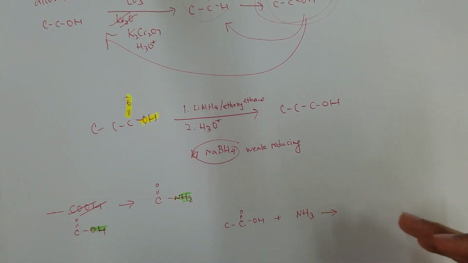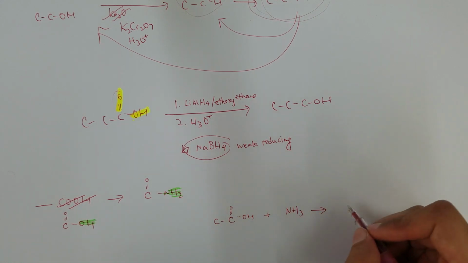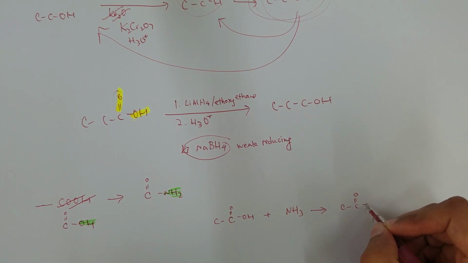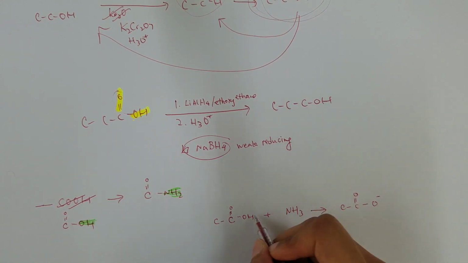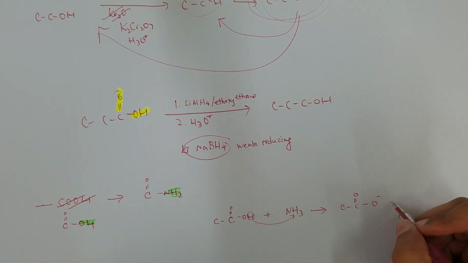Now in the textbook it has shown you step by step, so I'll explain why they show you step by step. So it's this reacting with ammonia, I will get C double bond O, and then I will have oxygen over here. Now since this H will move into this, I'll get ammonia and then NH4 positive.